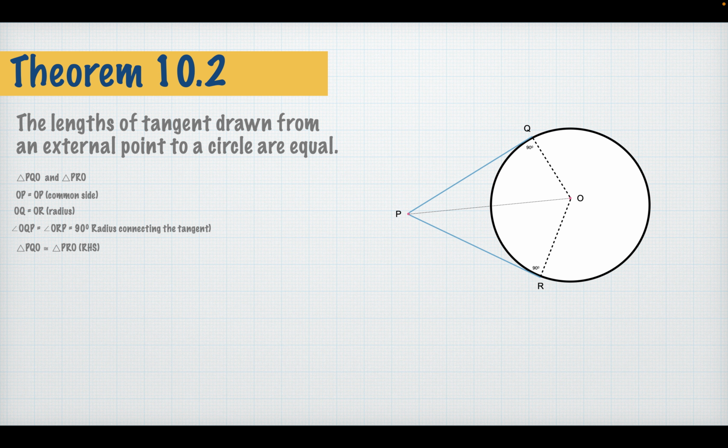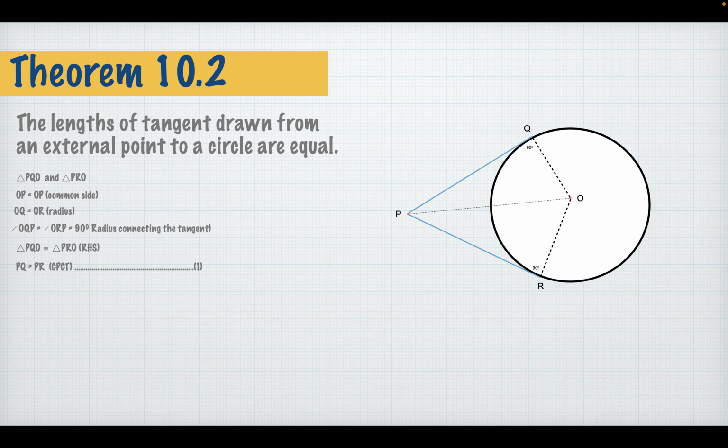When the hypotenuse is equal, other side is equal, then the third side, if I use Pythagoras theorem to calculate the length of the remaining side, the remaining sides are going to be equal because the other sides are equal, and by that, if we apply that formula, they are going to be equal too. So it is going by the RHS theorem, the triangles are going to be congruent.